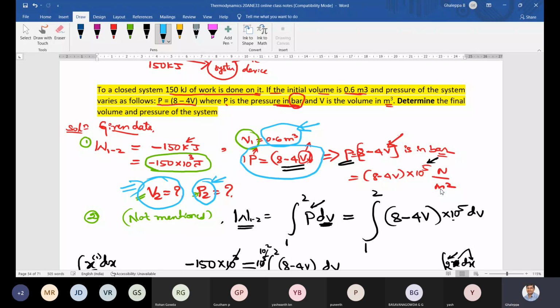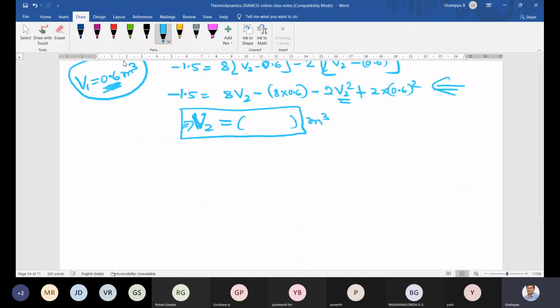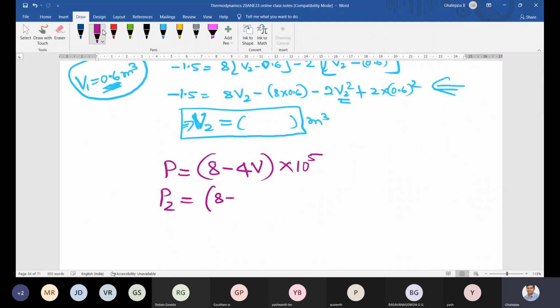Let me write. P is equal to 8 minus 4V into 10 to the power of 5, and I need P2. P2 is equal to 8 minus 4 V2, we have to substitute here, into 10 to the power of 5. Once you substitute the value, P2 will get some value.